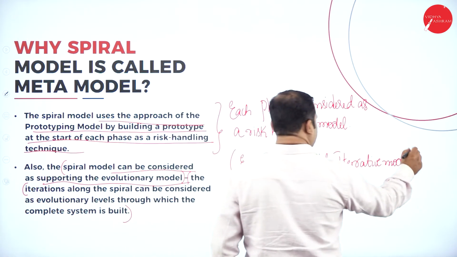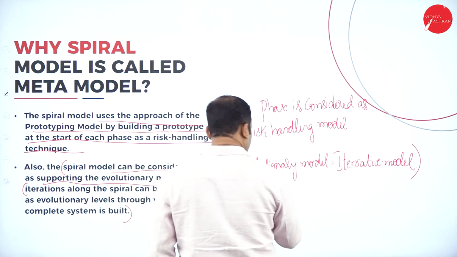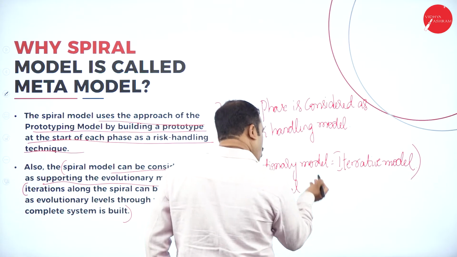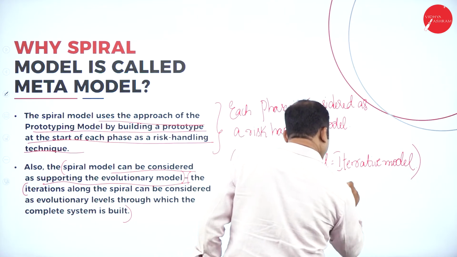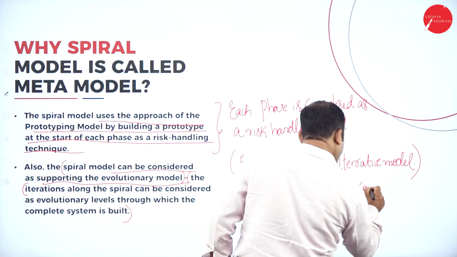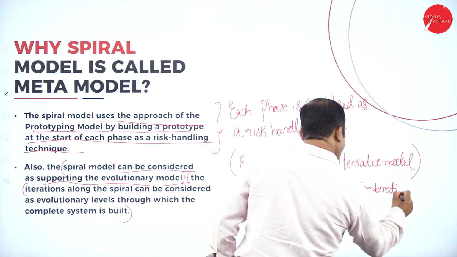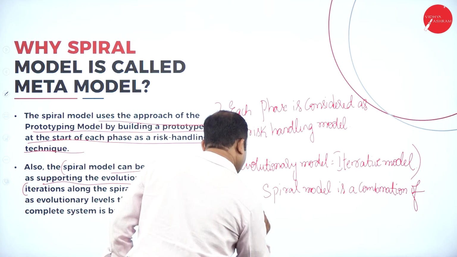So if that is the case, this is a combination of all these types of model. That means the spiral model subsumes, or the spiral model is a combination of different types of SDLC model.